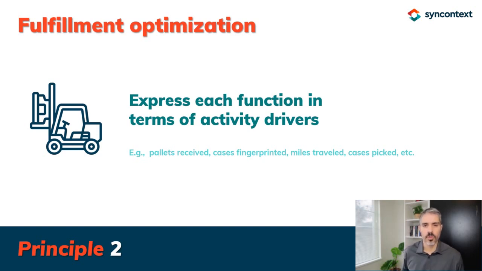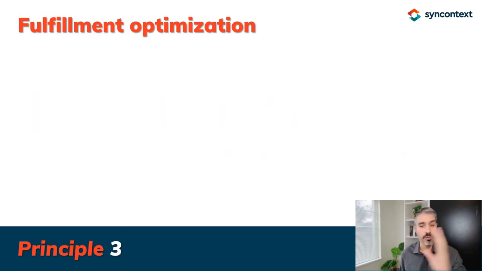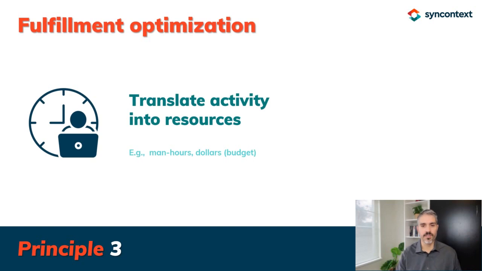The third principle is to convert those activity drivers into resources. What I mean by that is if I know how many pallets I need to put away, using my labor standard data or a reasonable expectation of productivity rates, I can convert that into how many hours I require to handle those volumes.